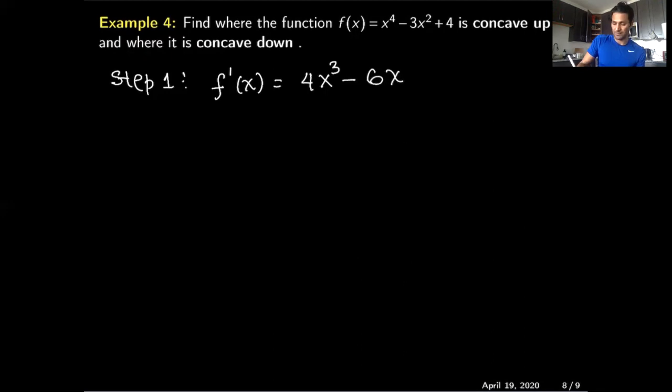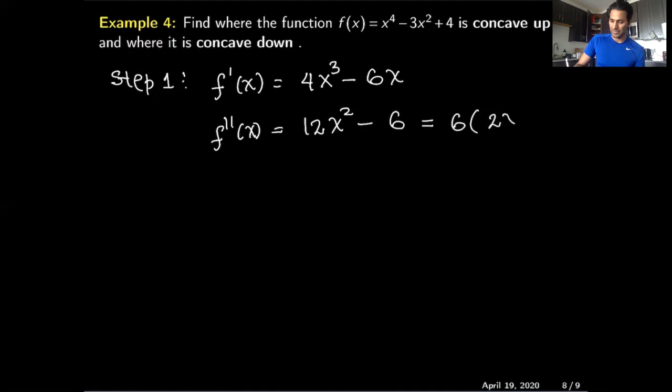And the second derivative of this function is 12x² minus 6. If I pull out 6, it is going to be 6(2x² minus 1).